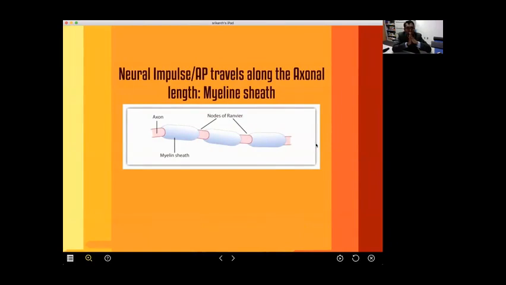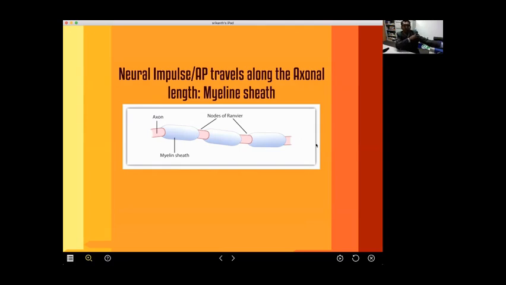Now, once the neural impulses, the electrical signals within a given neuron, are generated, they travel along the axon. Usually they are generated at this particular part of the axon, which is like a connection between the soma and the axon.